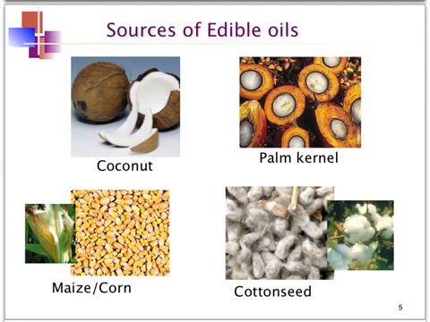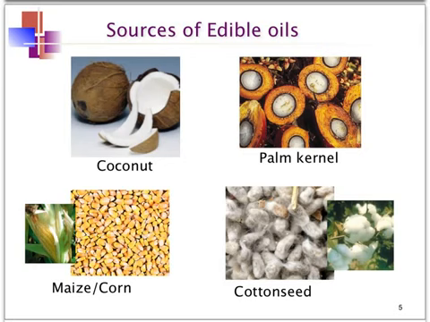So for the oil palm, this is the oil palm fruits. The red, the orange flesh outside is from where we can get the crude palm oil, and the white flesh inside is actually the palm kernel, and we can extract the palm kernel oil, which has a different physical and chemical composition from the palm kernel part.